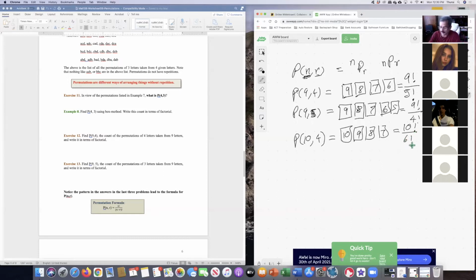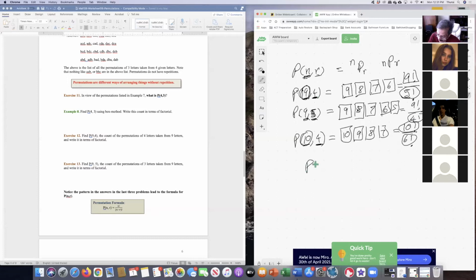Okay, so now let's look at these numbers. The numerator is always the same as the number of objects given. 10 objects given, numerator is 10 factorial. The denominator is 5 factorial in this case, same as 9 minus 4. Here is 4 factorial, same as 9 minus 5. 6 factorial, same as 10 minus 4.